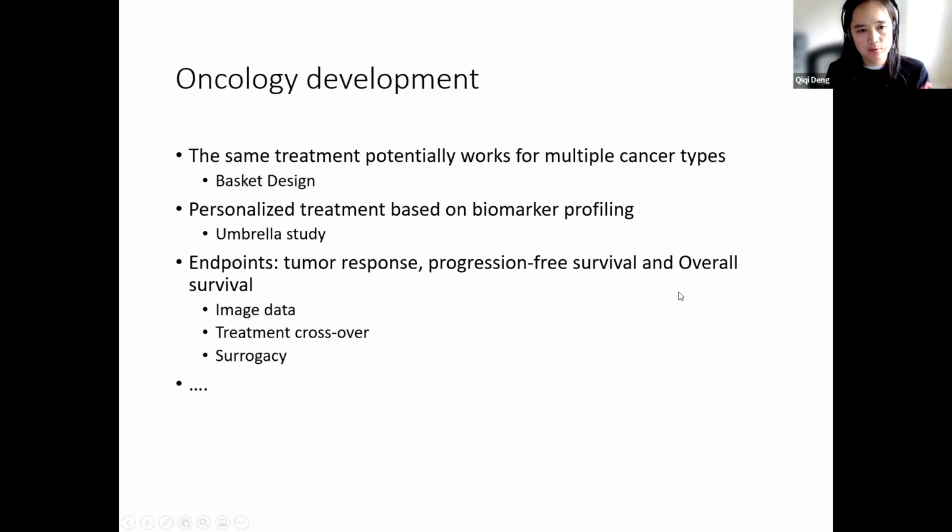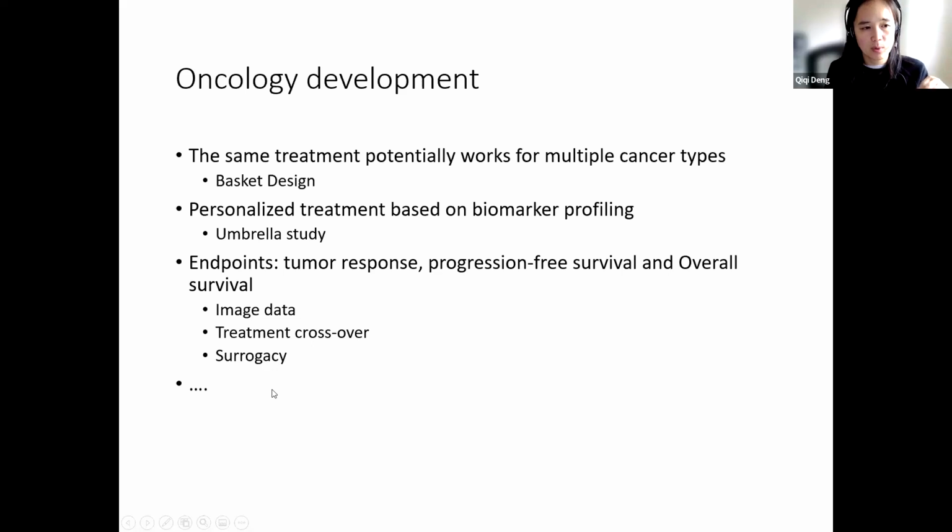There are progression-free survival or overall survival data, which is time to event. And typically, if a subject has a progression of cancer, then you're going to switch them to another treatment. That treatment switch or treatment crossover causes complications in analysis.